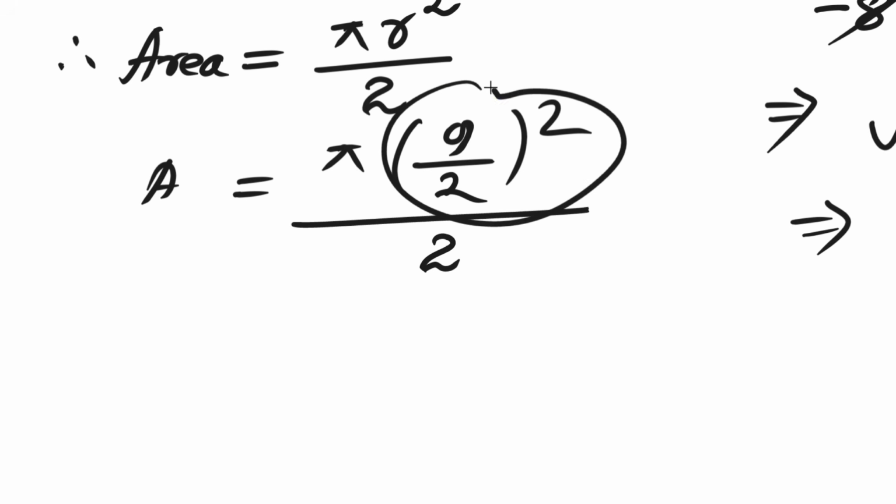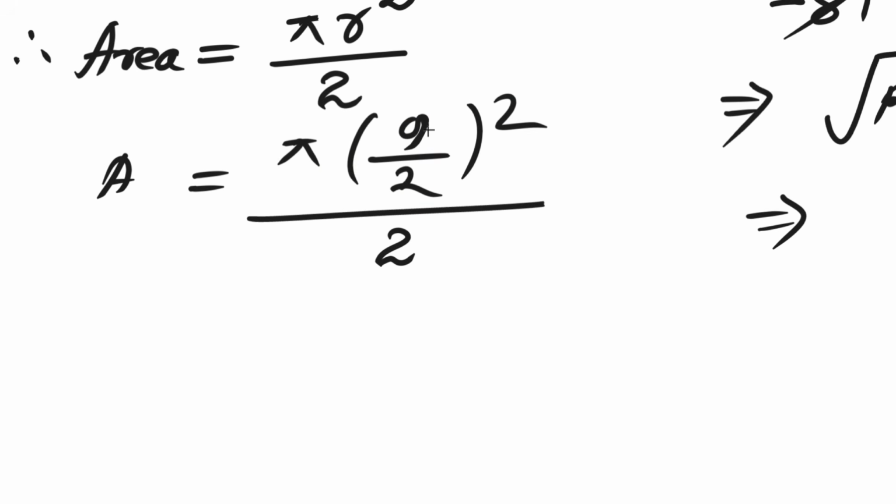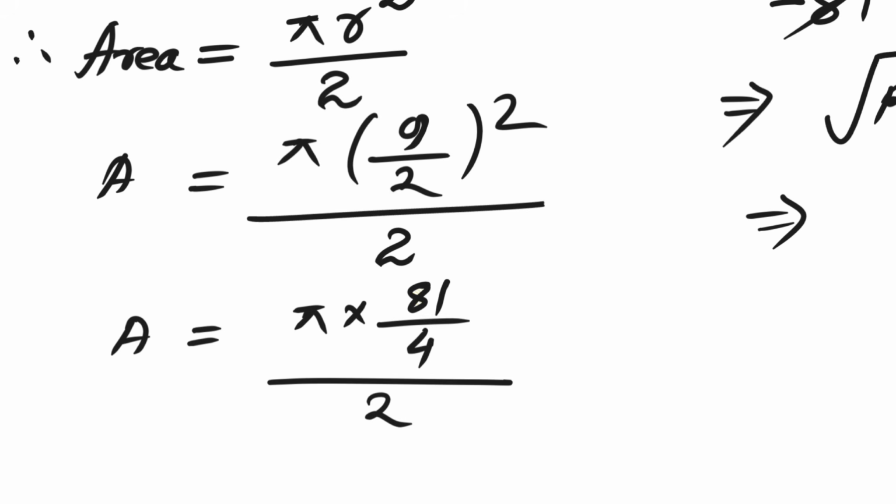Let's simplify this carefully. When we square 9 divided by 2, we square both the numerator and denominator. 9 squared is 81, and 2 squared is 4. So the expression becomes pi multiplied by 81 divided by 4, divided by 2.